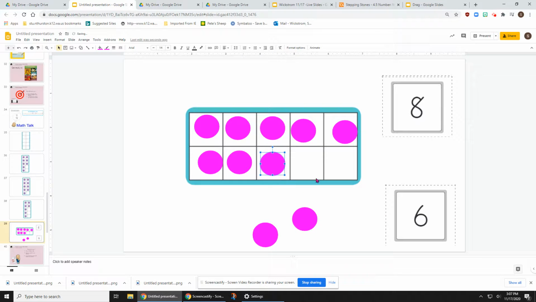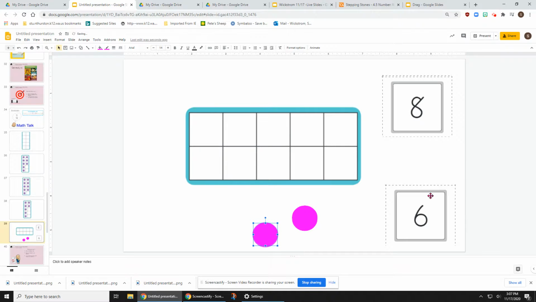Very good. Here's our group of 5, and 3 more makes 8. 5, 6, 7, 8. Does your 10 frame look like mine? You have 8 counters. Very good. So here's the numeral 8, and we have 8 counters. Good job.